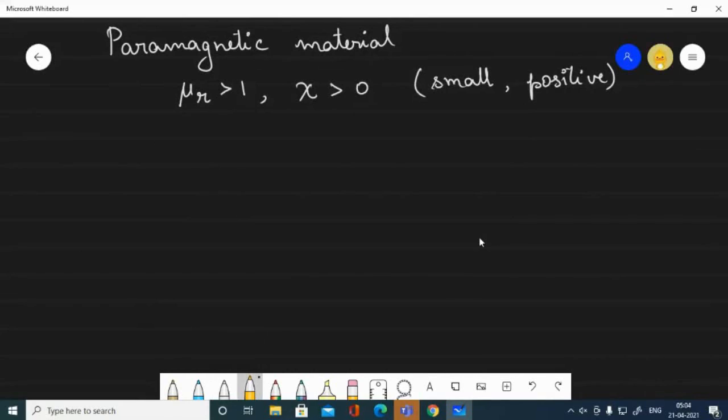So, in the absence of external field in a paramagnetic material, there are dipoles present, but the dipoles are aligned such that the net magnetization is zero.